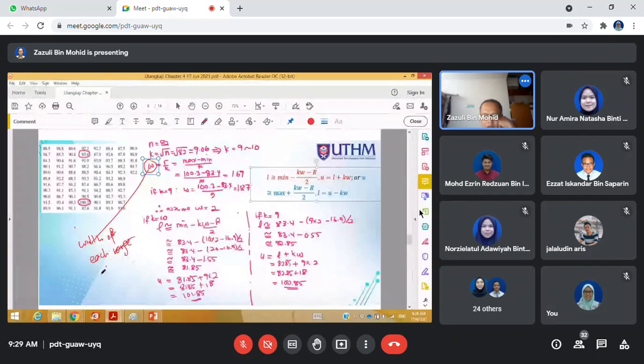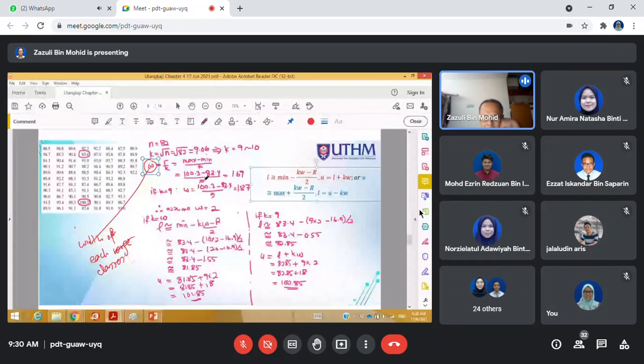If you have k as 10, then you can calculate your w. In this case, when it's 10, you divide by 10, and you get 1.69.